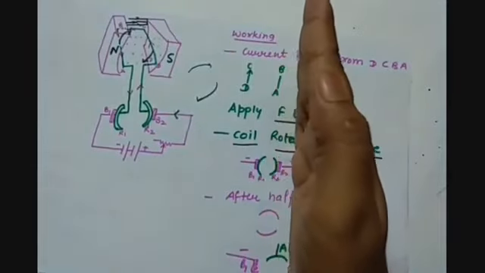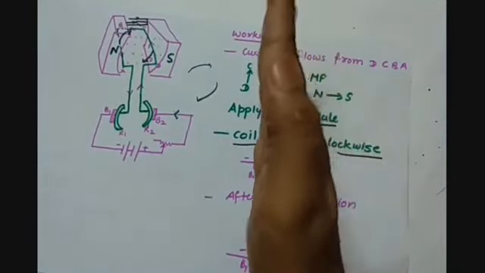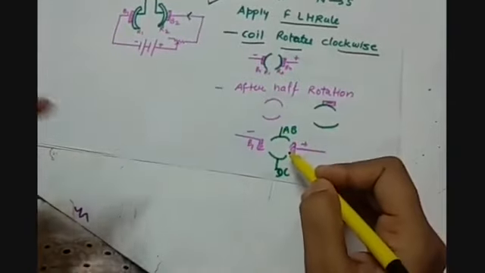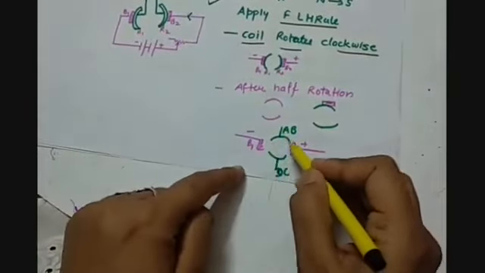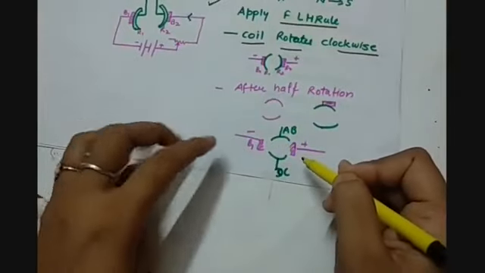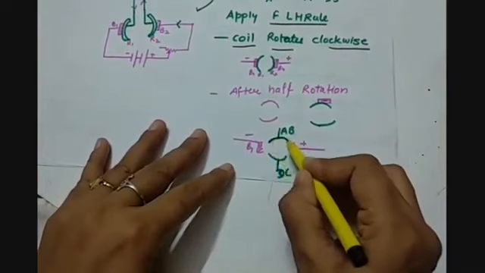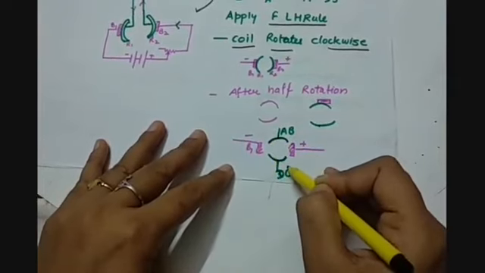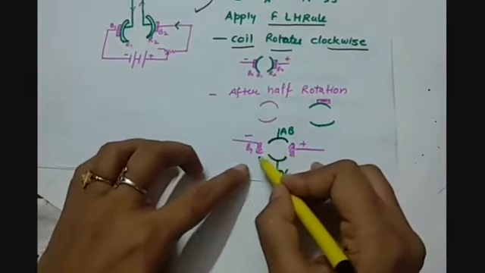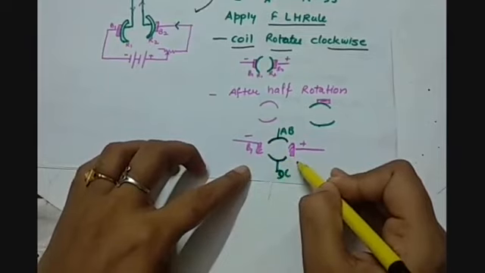So when the armature coil becomes vertical, I am just trying to show you the role of the split rings here. Then the position of the split rings will be like this, so that they are neither connected to brush B1 nor connected to brush B2.